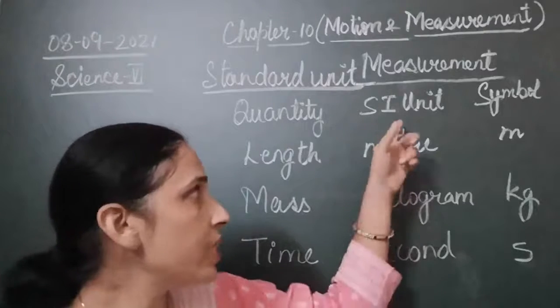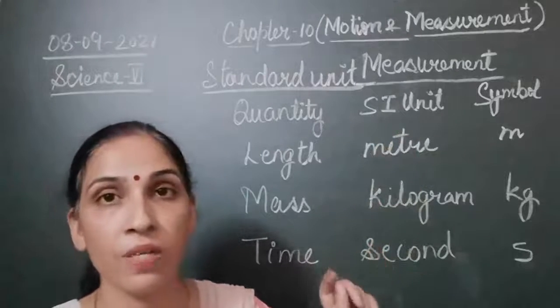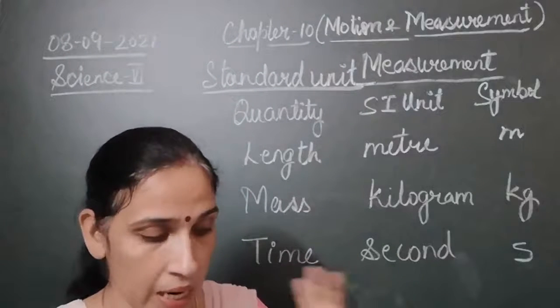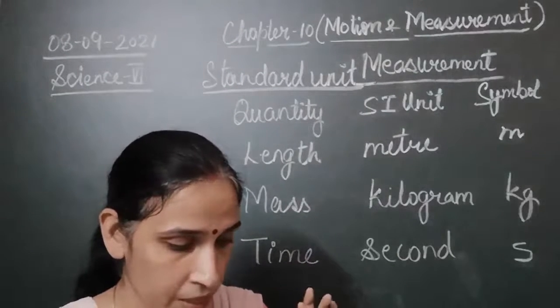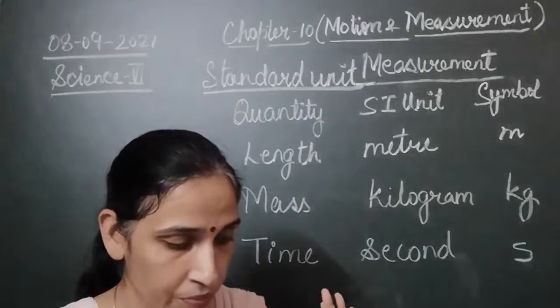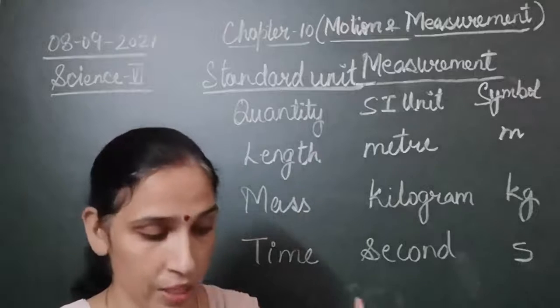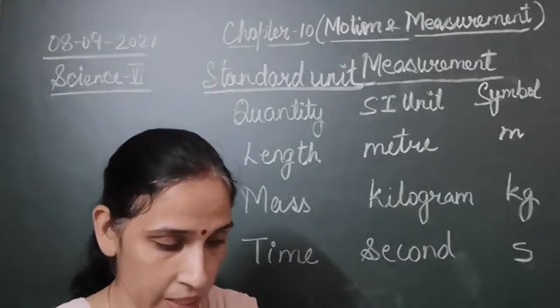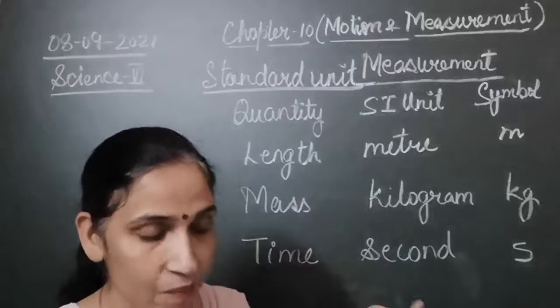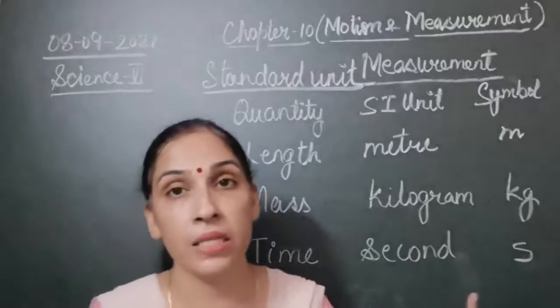SI units I have written here, as well as FPS, that is foot, pound and second, and CGS, that is centimeter, gram and second. And MKS also, that is meter, kilogram and second. MKS and SI units are the same for length, mass and time.